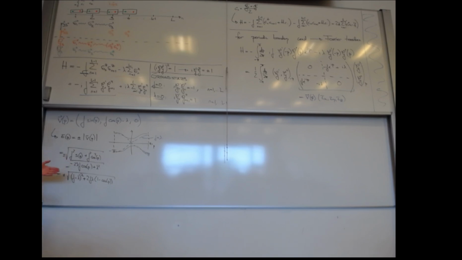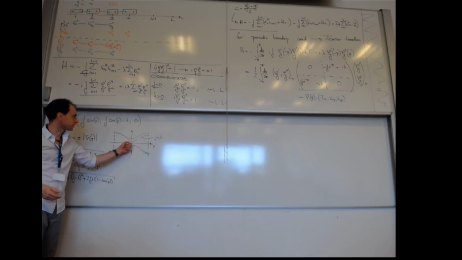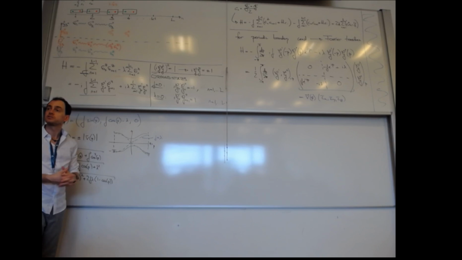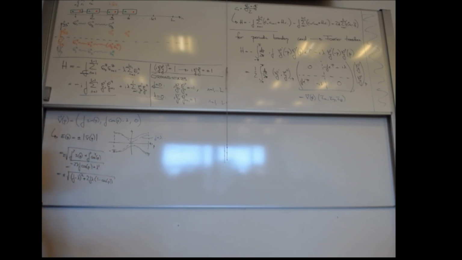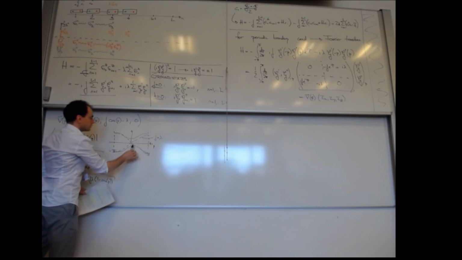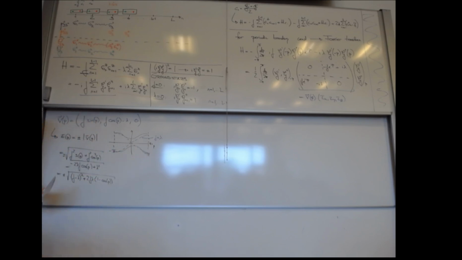And at the phase transition, the description is effectively given by a Dirac equation. And from this, since this is a free fermion problem, you can relatively easily extract critical exponents for this quantum phase transition between j winning or lambda winning. I'm interested in staying away from this point so that we have a gap.